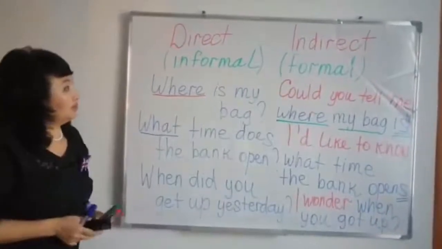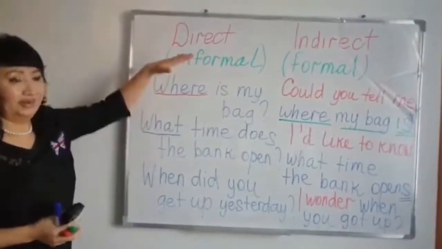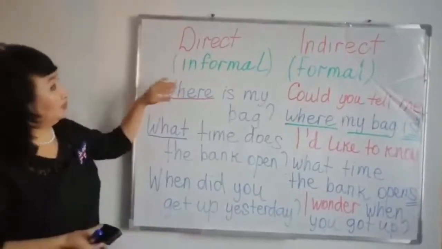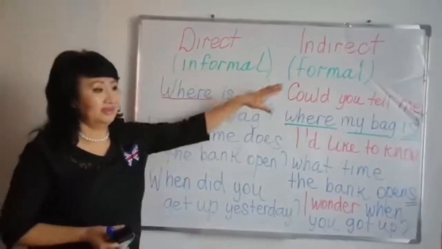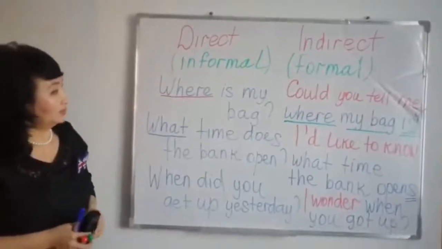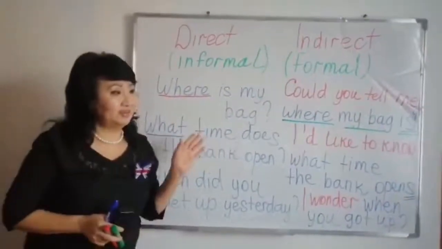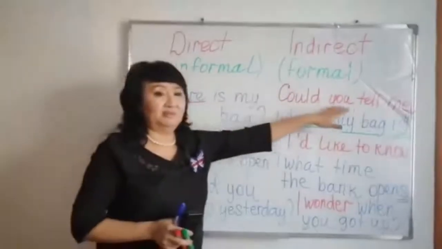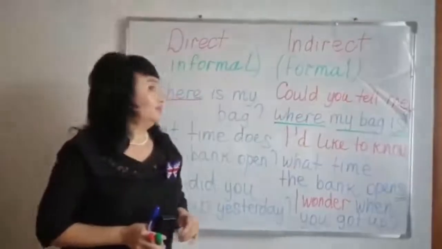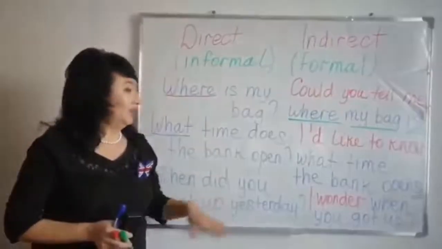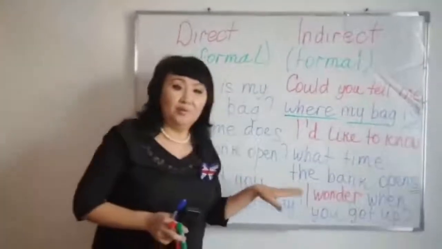So you should remember: direct questions, тура, прямой вопрос; indirect, жанама, косвенный вопрос. Чтобы образовать косвенный вопрос, в первую очередь мы используем специальные фразы. For example, could you tell me, I'd like to know, I wonder, I want to know.